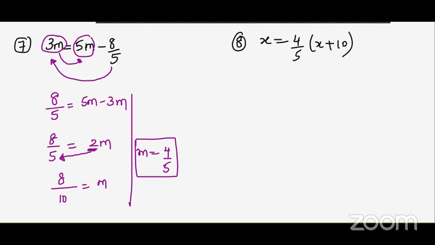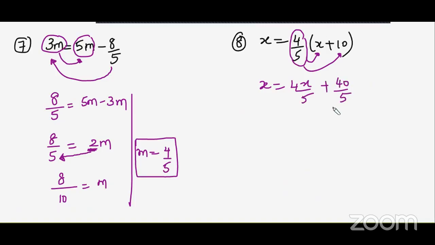Okay, next we have to expand it. Without expanding, we cannot solve it. So let's start. What we'll do, this 4 over 5 has to be multiplied using the distributive property, which we have learned, with x and with 10. So it will be x is equal to 4x upon 5 plus 4 into 10, which is 40 upon 5. So let me simplify the right hand side.